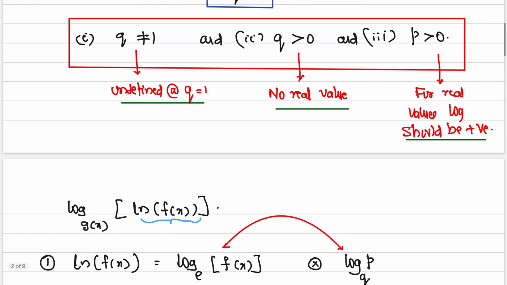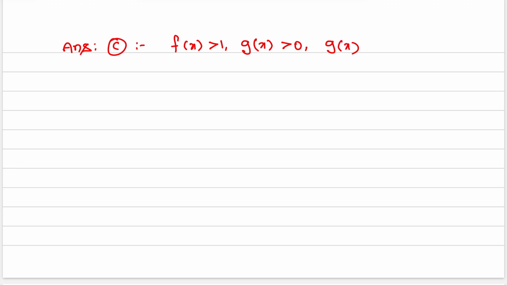That means the final answer is C, which says function x is greater than 1, gx is greater than 0 and gx is not equal to 1.